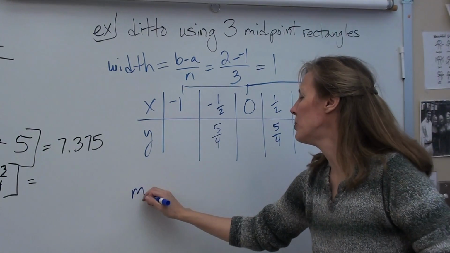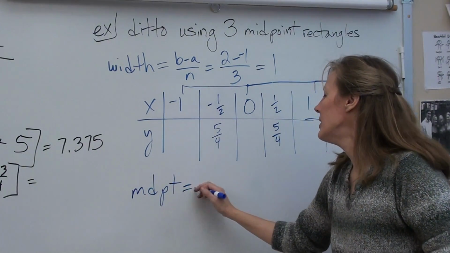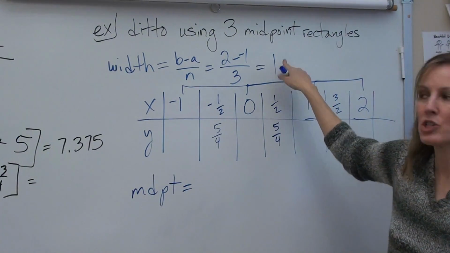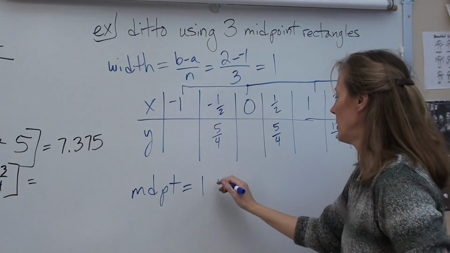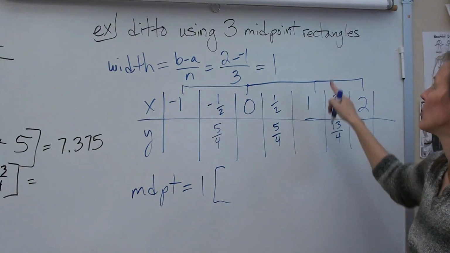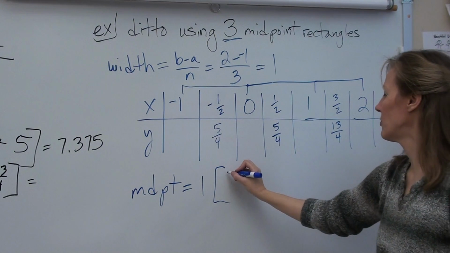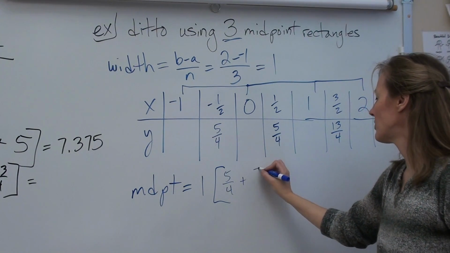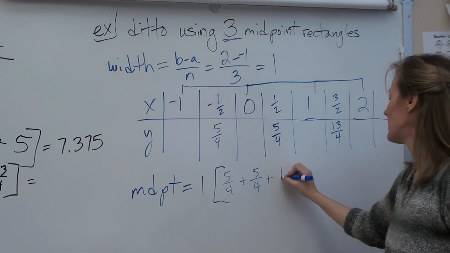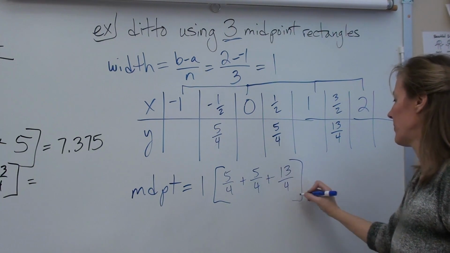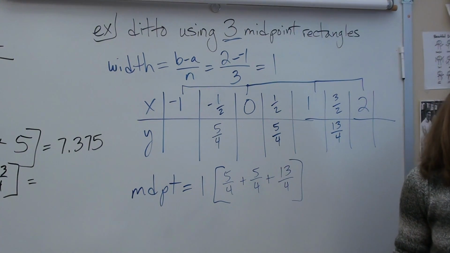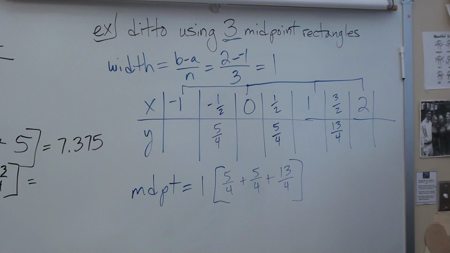So for your midpoint approximation, it's the midpoint width, which is 1, times each of your 3 heights, 5/4 plus 5/4 plus 13/4. Now if we compare the numbers, the bell's going to ring in a minute. I'm going to see if I can do these real quick.